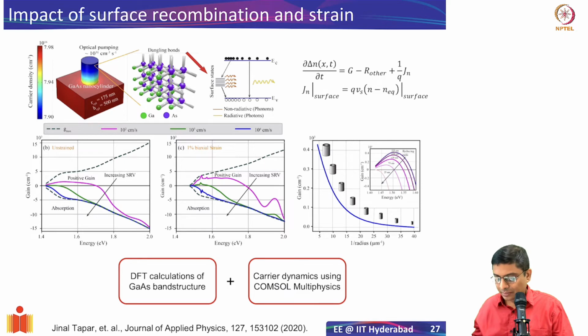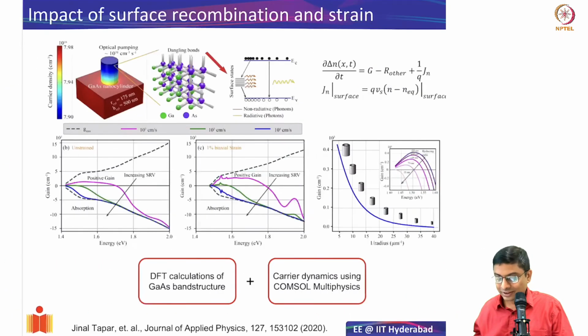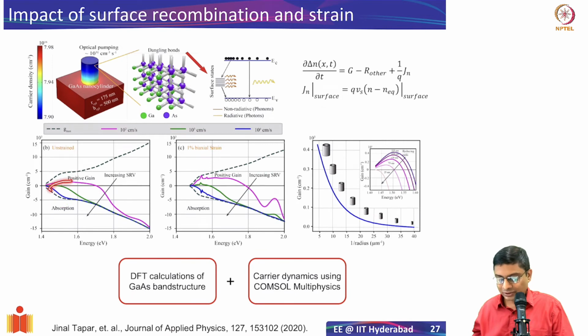Essentially, we combined DFT calculations for the band structure with modeling of the carrier dynamics in COMSOL, and evaluated how the gain behaves. In the previous case, I showed you a nice picture of how the gain changes, but in reality the gain would be something like this. As you increase the surface recombination velocity, the gain reduces, and it tends close to the loss.